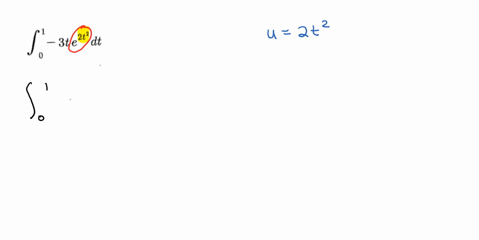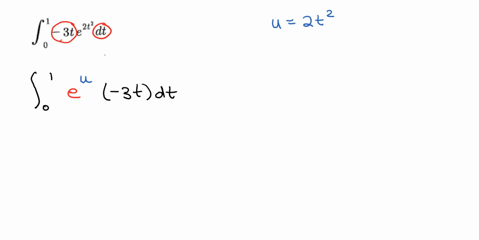So that's going to be e to the power of u. And finally this part right here, the -3t and the dt, I'm just going to park at the very end. So that's going to be -3t times dt. I'm parking that at the very end because when I do my substitution step, it'll be very easy to replace it.